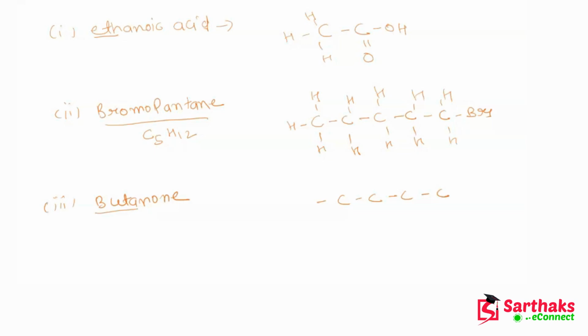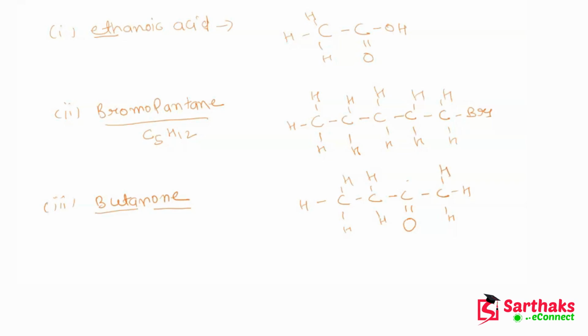Now what will I do? I will add the ketone, because the one comes for the ketone functional group. So I am adding one oxygen on this carbon. Now I will fill up the remaining valencies like this: 1, 2, 3, 4, 5, 6, 7. Okay, and here also.